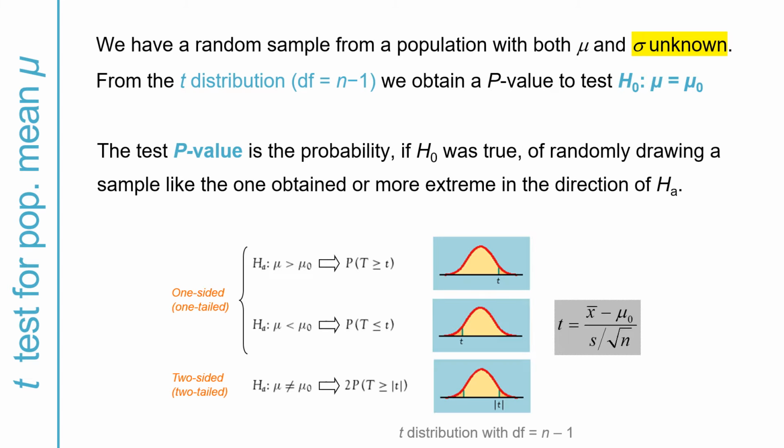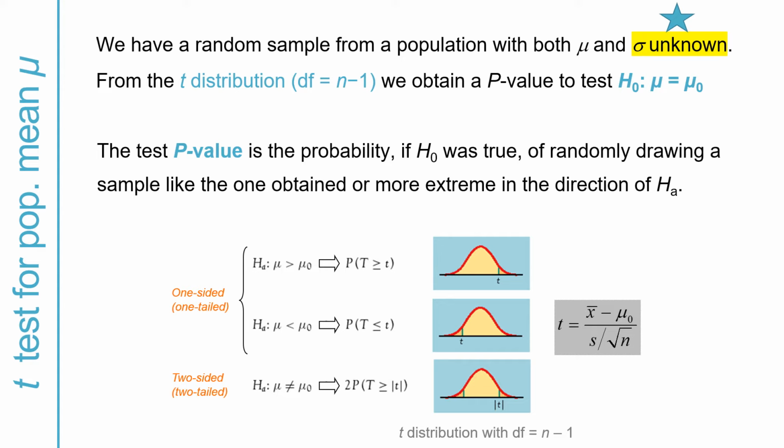The p-value in this case, when sigma is not known, will be the corresponding area under the t distribution with degrees of freedom n minus 1 for values of t at least as extreme as that computed in the direction of the alternative. Not knowing the value of the population standard deviation sigma is by far the most common situation, and the only one we'll be focusing on in this class.